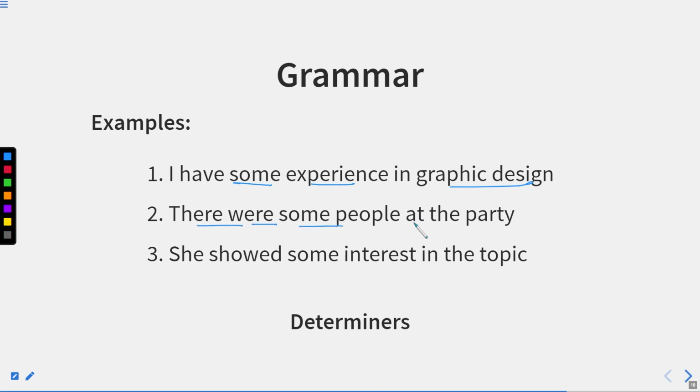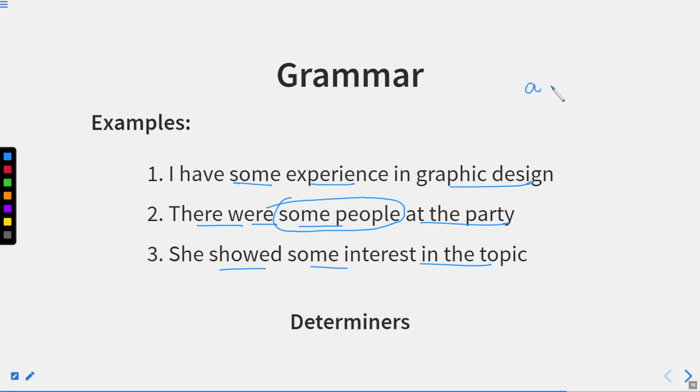There were some people at the party. Now, how many, and what was exactly the number of people? We don't know. So we can say there were some people at the party. She showed some interest in the topic. So some interest means a little interest.